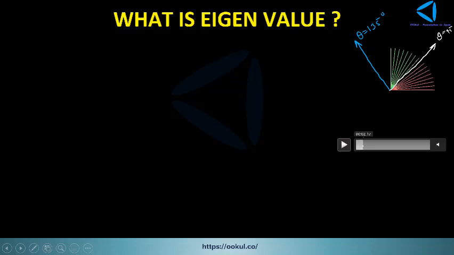So you see here, at theta equal to 45, you see the input vector and the output vector. Red one is your input and green one is your output. So the input vector and output vector have the same direction, right? Same direction when it is coming equal.